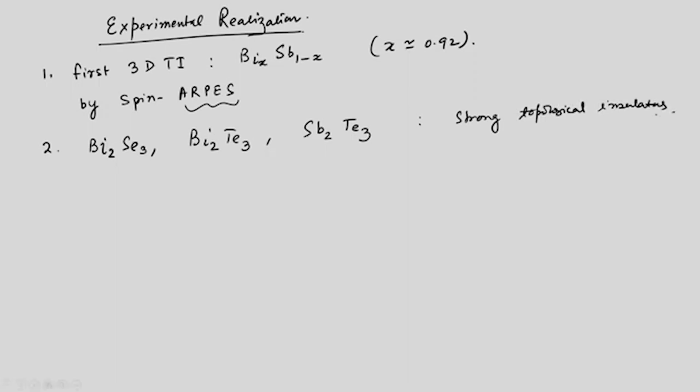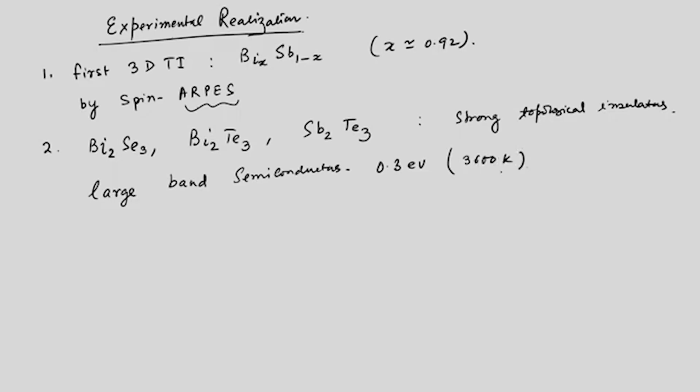And in addition to that, these are stoichiometric compounds, so they can be prepared with high purity, and that's why these are very good quality samples. Okay. And these are also large band gap semiconductors. The gap is about 0.3 electron volt, and it's called large because it's about 3600 Kelvin.